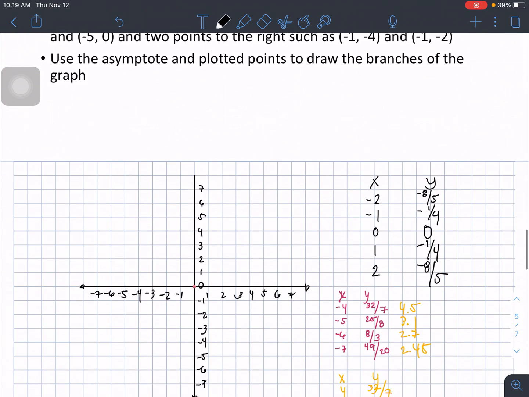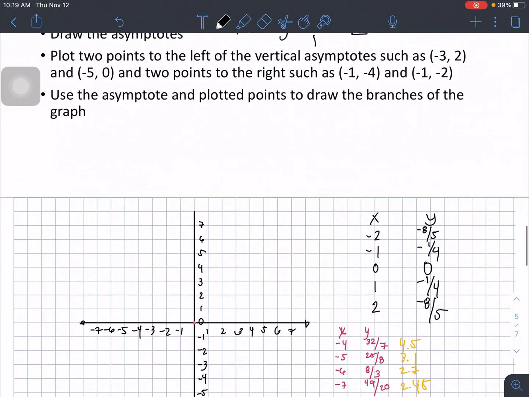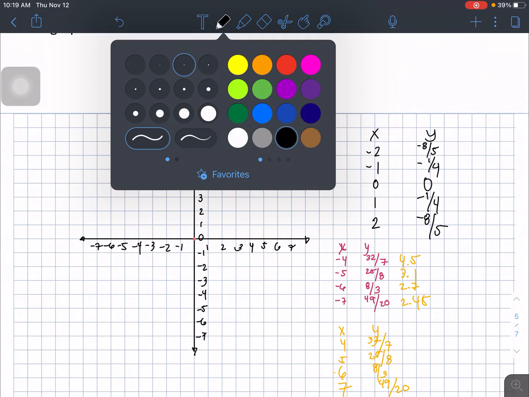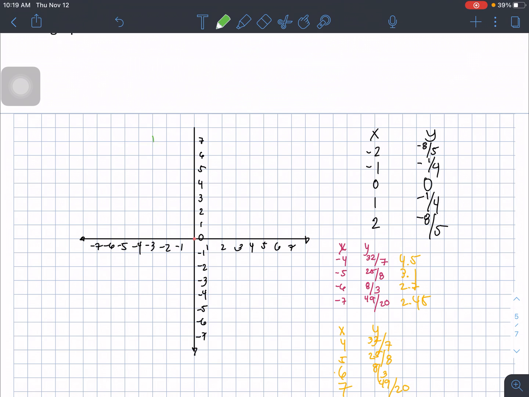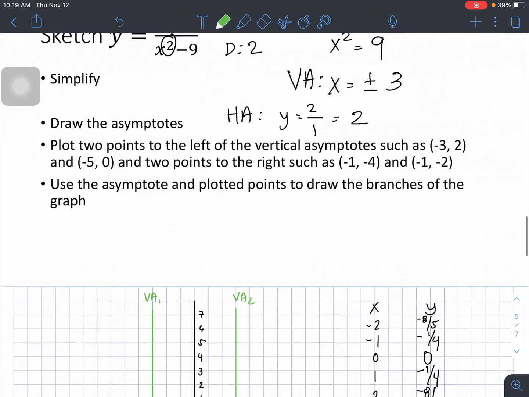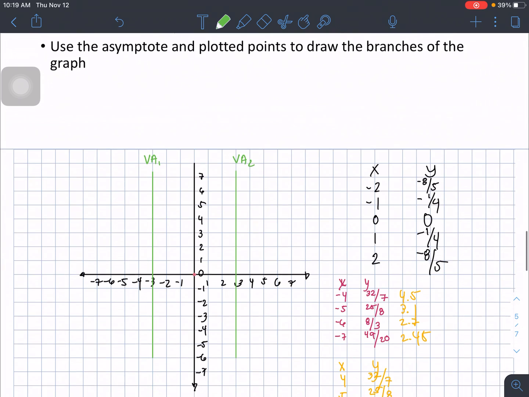So I would like to draw 2 here, and a vertical asymptote at 3. I'll be using red and green, at negative 3, and also another vertical asymptote at positive 3. Let us label these vertical asymptote 1 and vertical asymptote 2. The horizontal asymptote lies at positive 2, around here.